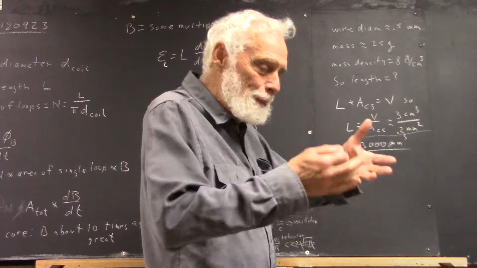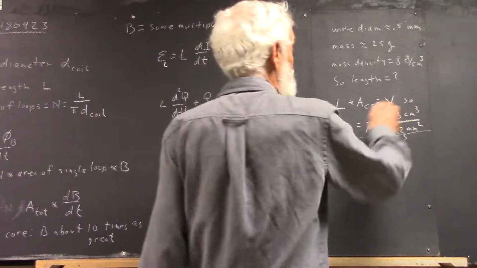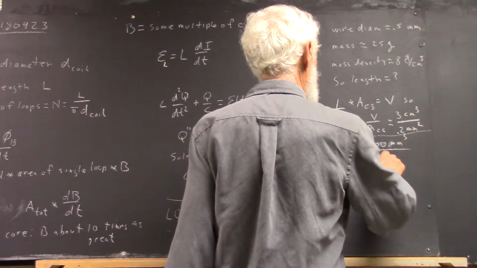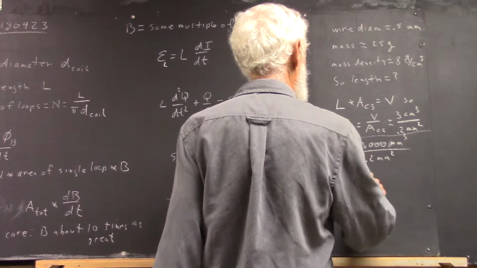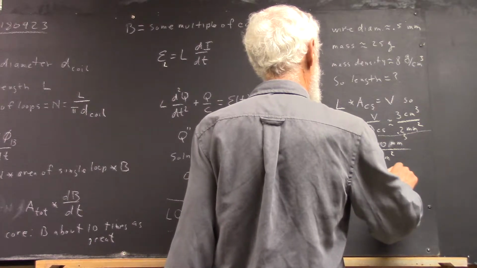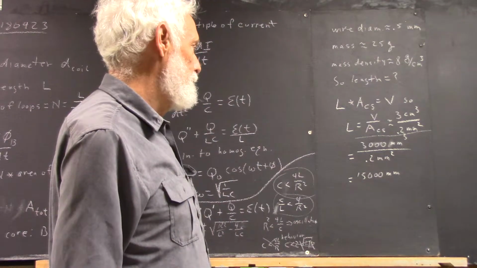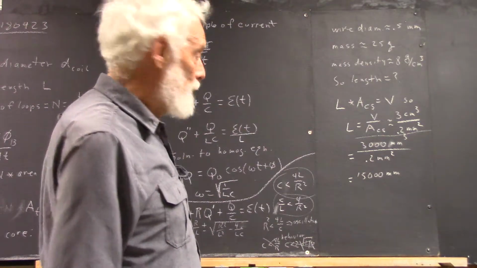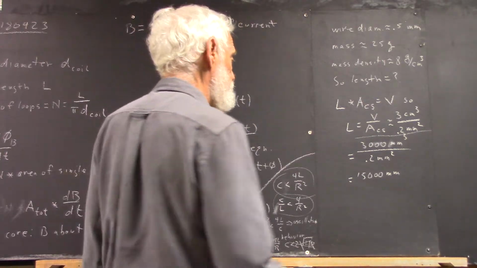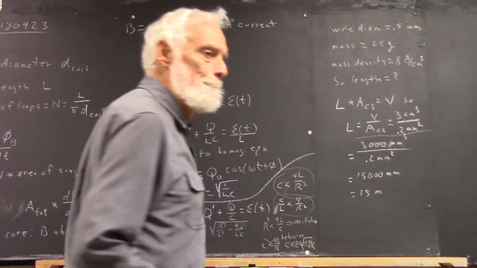So a cubic millimeter is going to be 1,000th of a cubic centimeter. So a cubic centimeter is going to be 1,000 cubic millimeters. And that's over 0.2 millimeters squared. Well, that equals then 15,000 millimeters, right? Because dividing by 0.2 says multiplying by 5. And that's 15 meters, okay?